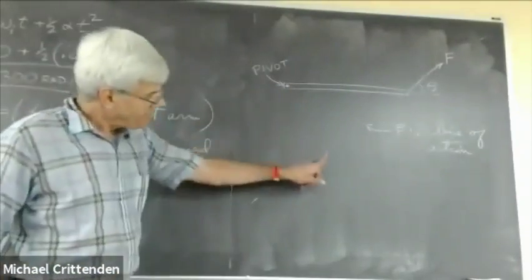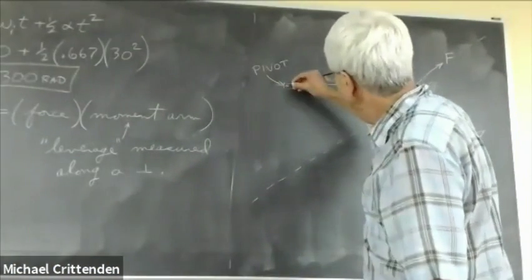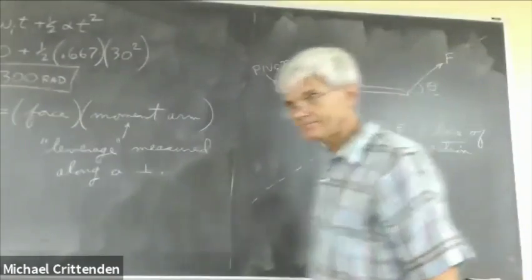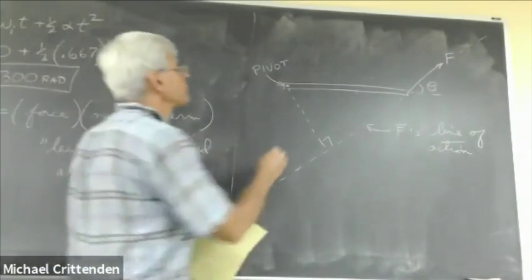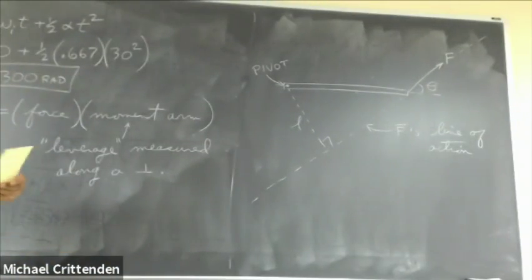That's me. That's the wall. The right way to measure the distance from here to there, like that. So I'll label it with the letter L. L for lever arm.